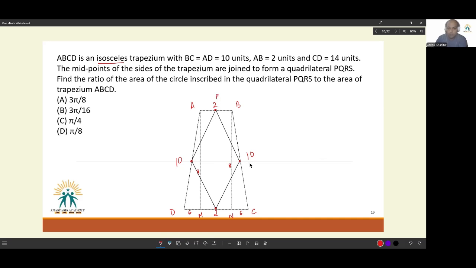PQRS, this is P, this is Q, this is R, this is S. Find the ratio of area of the circle inscribed in the quadrilateral PQRS to the area of trapezium ABCD.